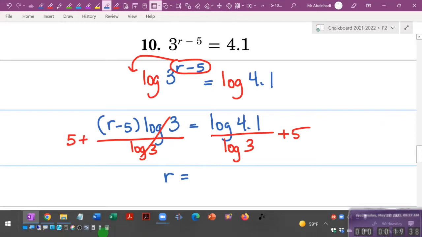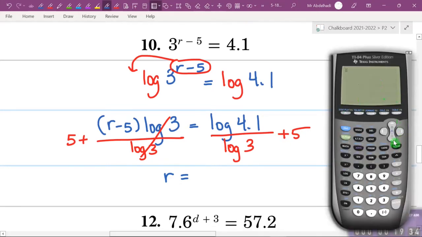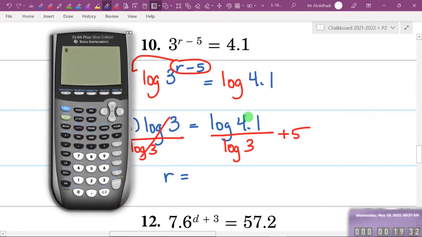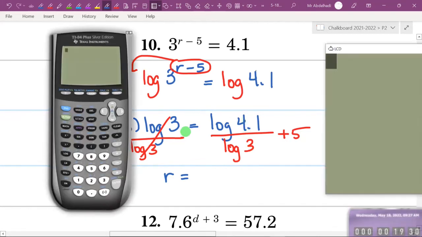Now you reach for your calculator. Okay? So we grab our calculator. We want log of 4.1 divided by log of 5. So log 4.1, close parentheses, divided by log of 5.